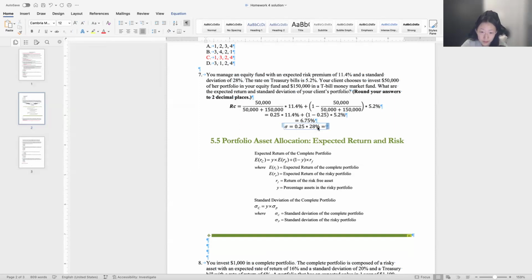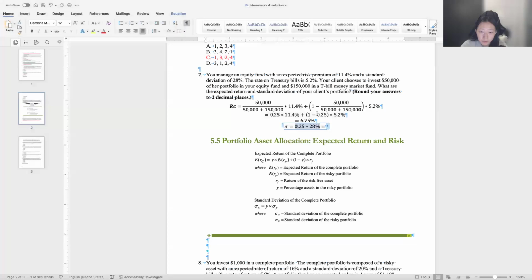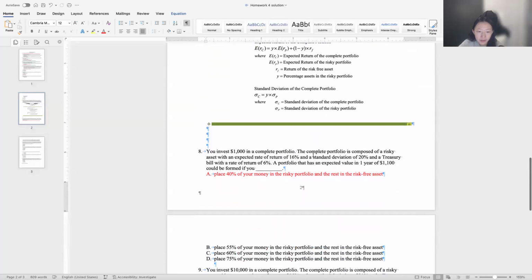And going back to the calculator, that will give us 7% standard deviation. So 6.75% and 7% is what we are looking for here. So roughly 6.75% for return and 7% for the standard deviation.